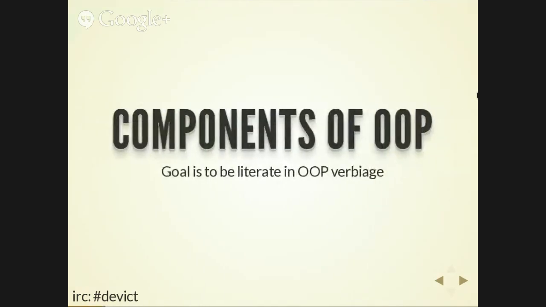Most of this talk just covers the components of OOP, and my goal here is not really theoretical. I'm not here to talk about a lot of theory and why one thing's better than another. The goal of this talk is that everyone here would be literate in OOP verbiage, able to navigate an OOP code base when you're looking at something and you're like, what is an interface?